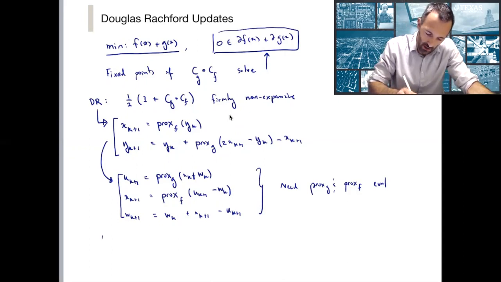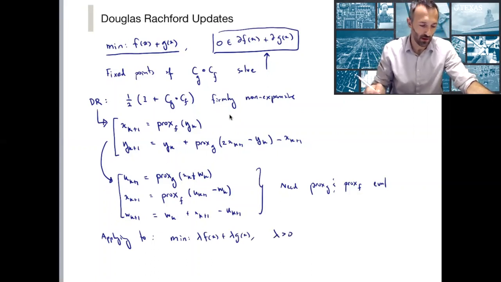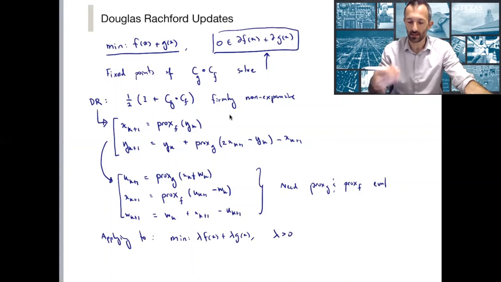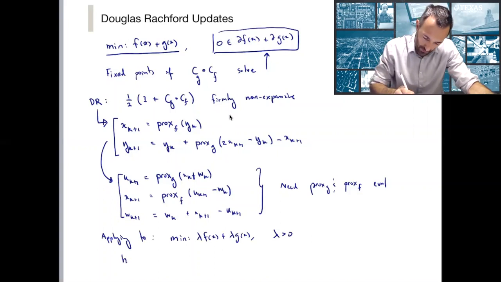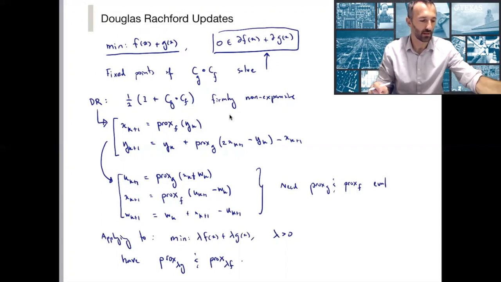So applying this to minimize lambda f of x plus lambda g of x, where lambda is positive, we get the same update, except we have prox lambda g and prox lambda f in the above.